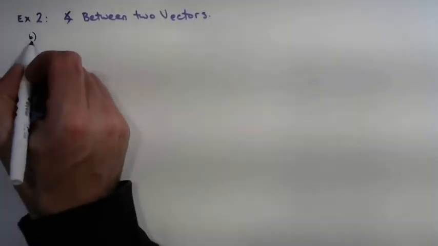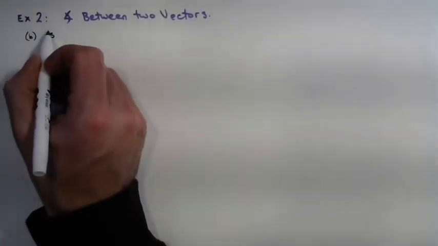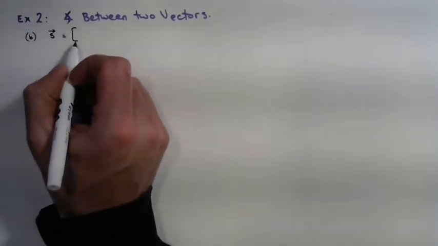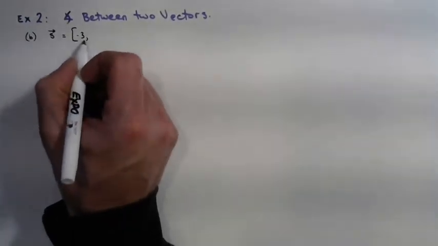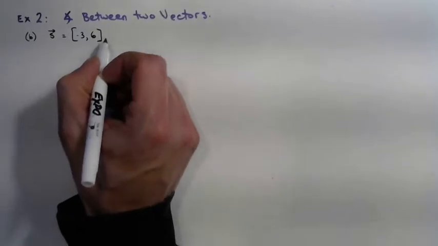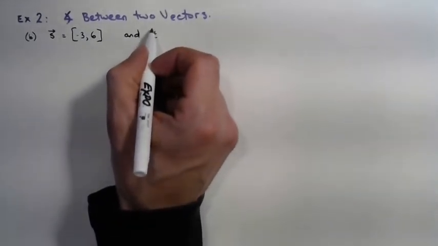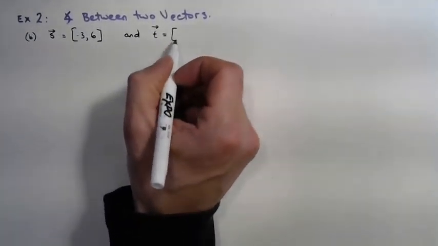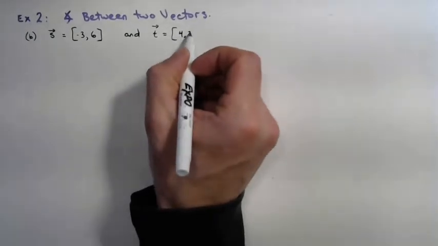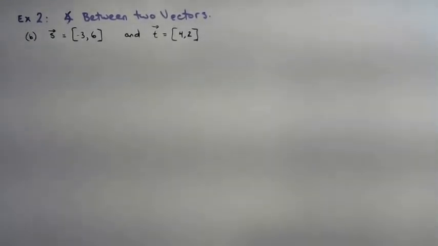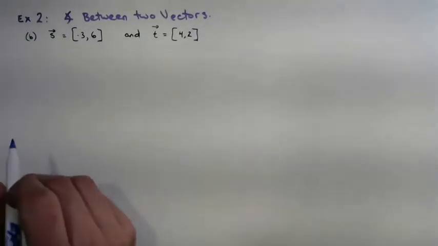Example 2b, our vectors are s, which is defined by -3, 6, and the vector t, defined by 4, 2. And we're going for the angle in between them. So again, we head for our dot product definition.